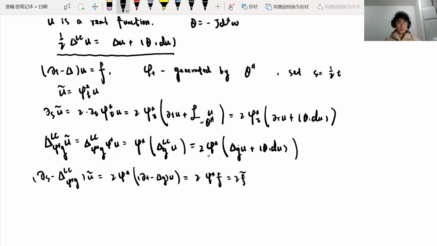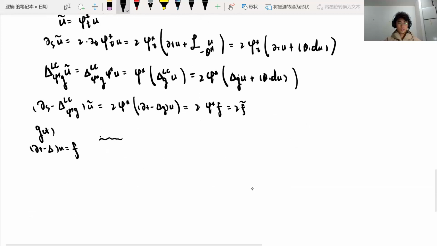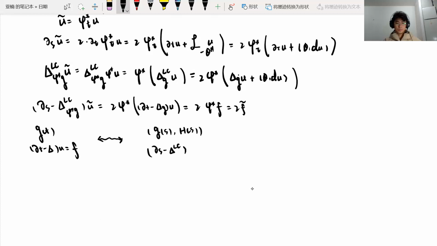So which means that if this is the Chern-Ricci flow and we have some function like this, and here is the corresponding generalized Ricci flow, they are equivalent because they are just related by a diffeomorphism.